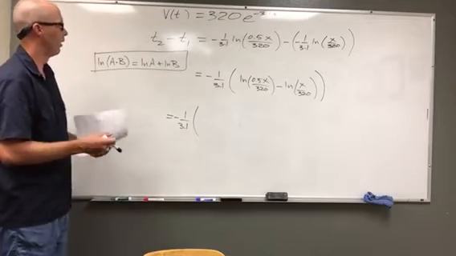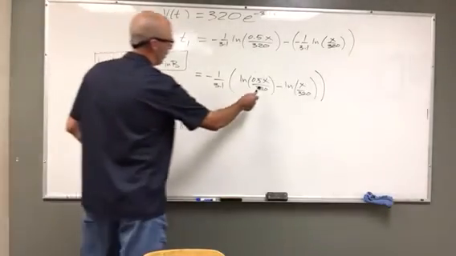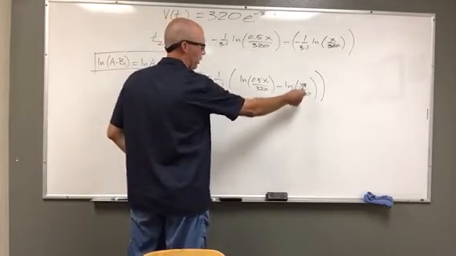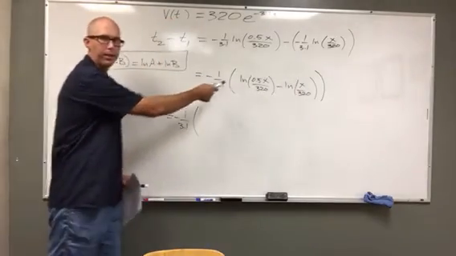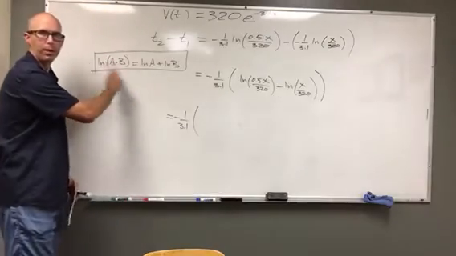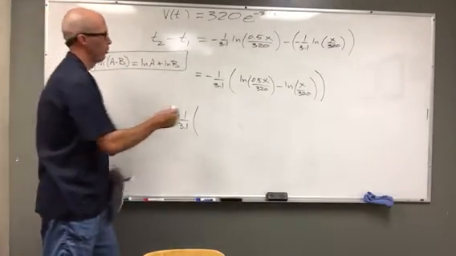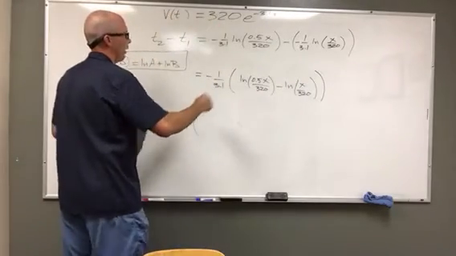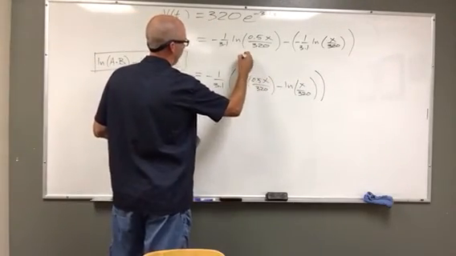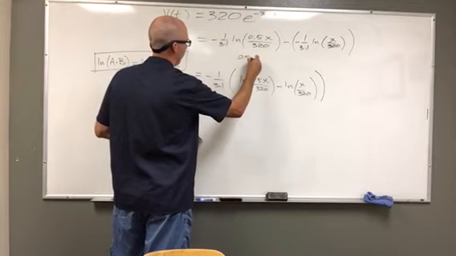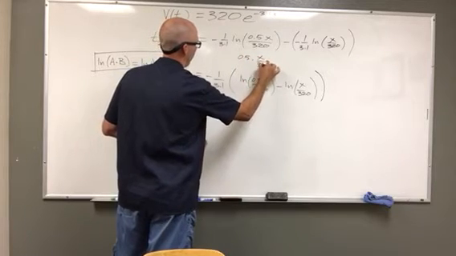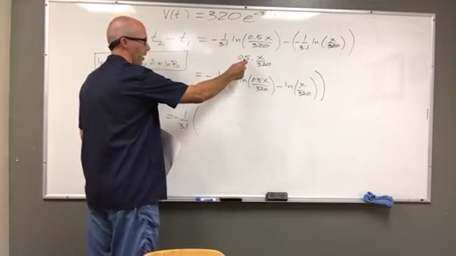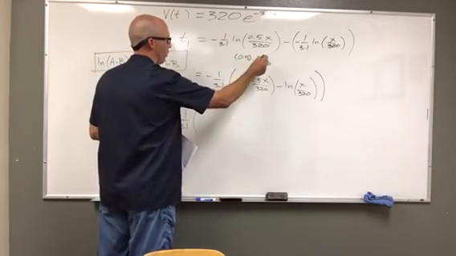And the thing to notice is that we have an x over 320 here and there. So we're going to think, how can we manipulate this with this formula to pull out the ln x over 320? Notice that this can be written as 0.5 times x over 320. So 0.5x over 320 is the same as 0.5 times x over 320.